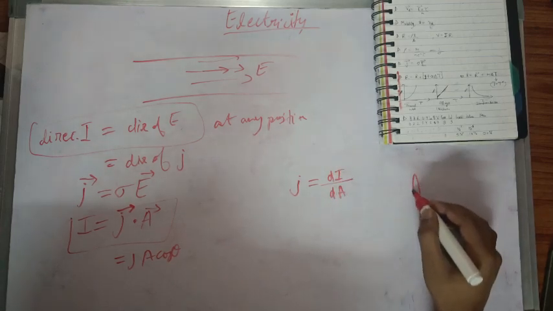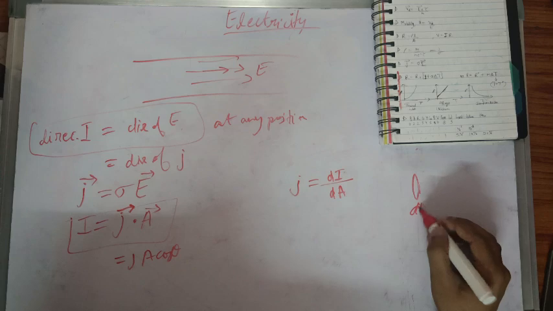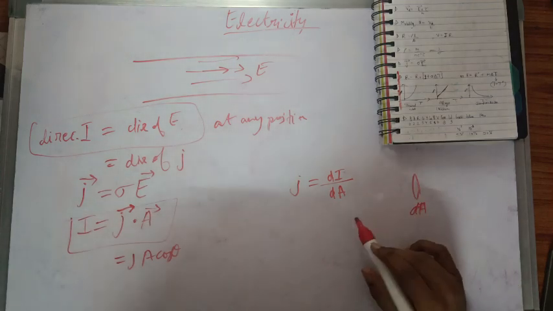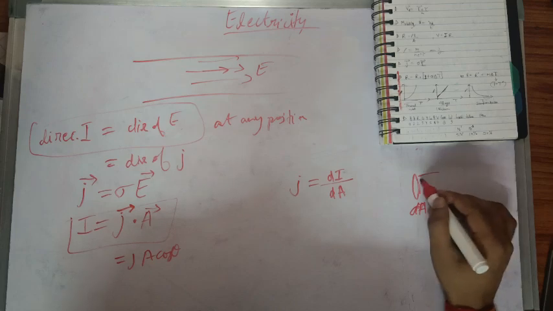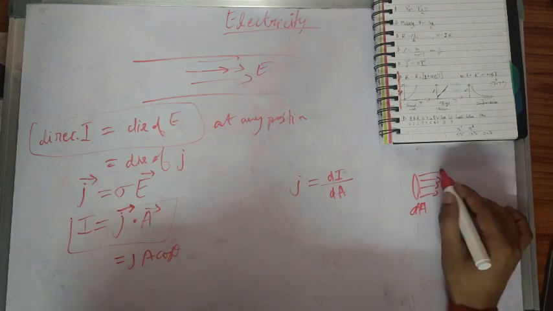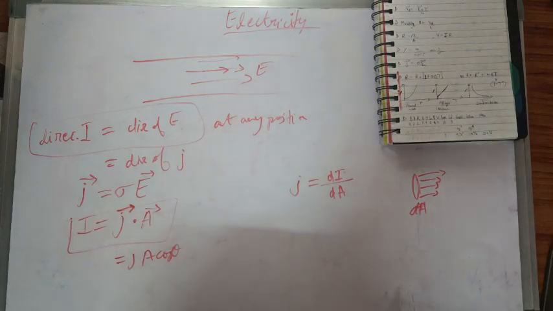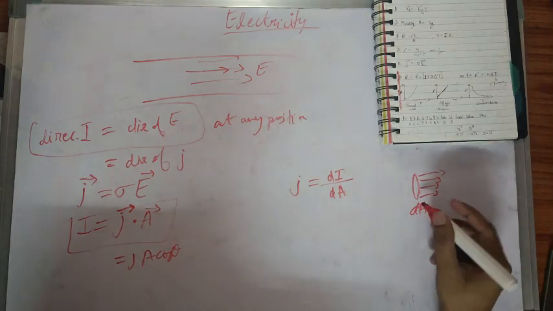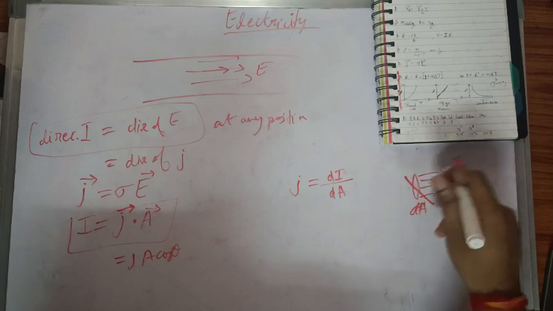Let's say there is a small area element dA, and the current passing through it is dI. Then I will have to take the component of the area that is perpendicular to this current.